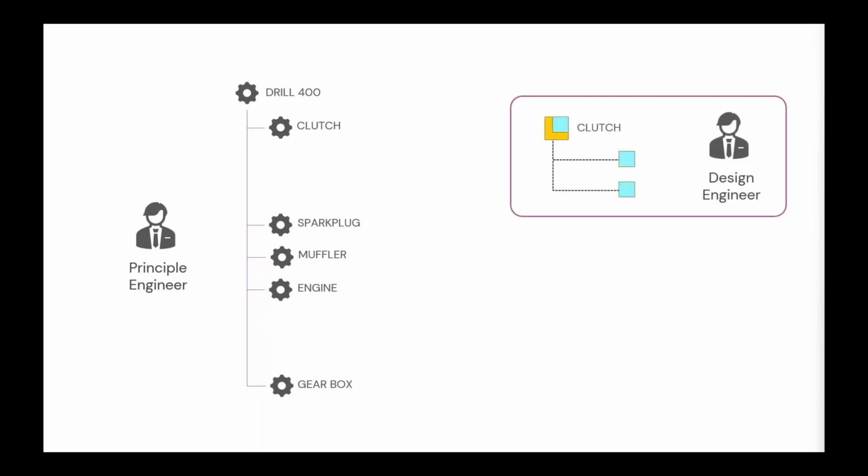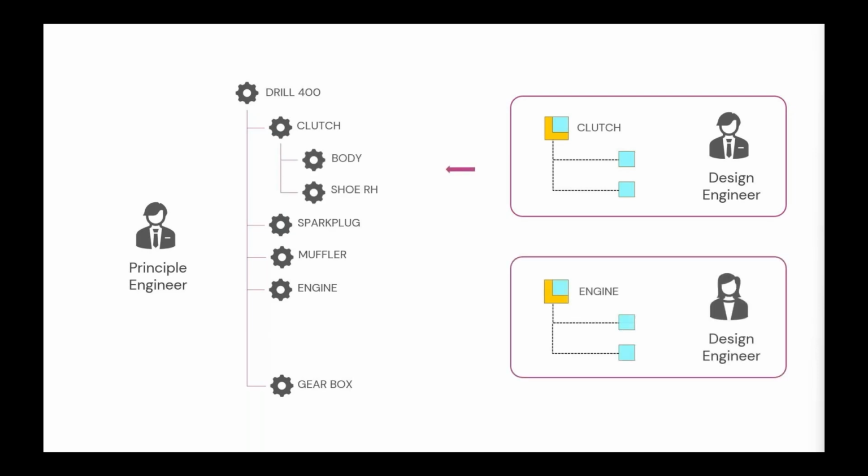Once we've defined that structure, we may have a design engineer go away, work on the clutch, and then define the lower level structures of that product. Same here for the engine, where we offload a lot of that work to the design engineer, and they can build in the missing pieces. So as you can see, with that top-down design approach, we can overlay a structure and then allow the wider business to fill in the gaps that are left between that.